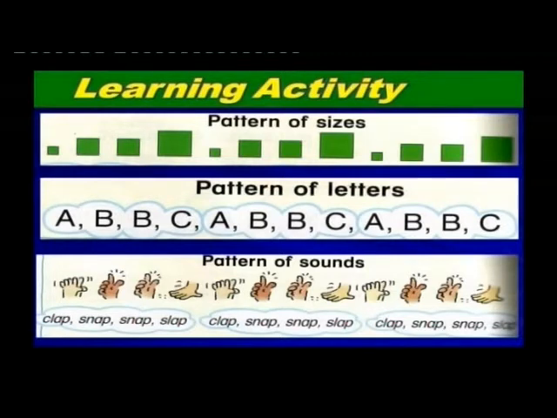Small, medium, medium, large. Okay, small, medium, large. See, it repeats itself over and over. That's a pattern. You have patterns of letters. A, B, B, C. Okay, it repeats again, A, B, B, C, and then continues. That's a pattern of letters.